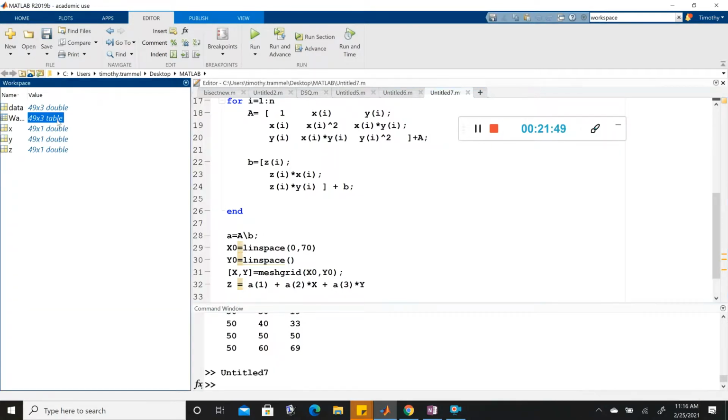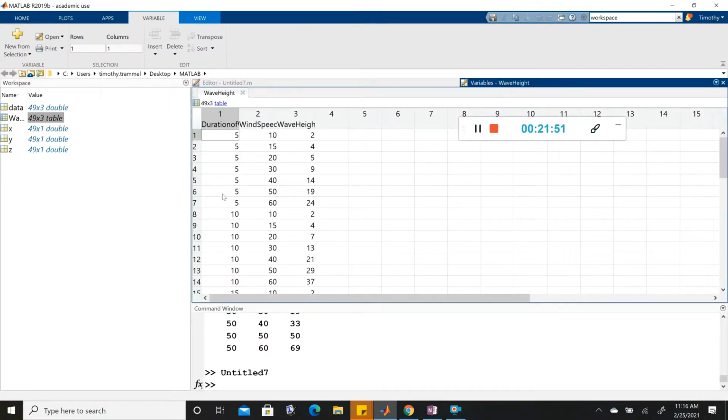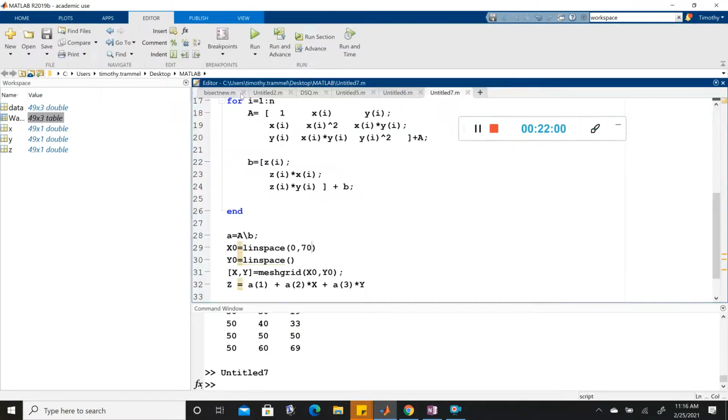Let's go in here into the table. So our x's here, you can see they go from 5 to 50. So in our linspace here, let's actually go 0 to 60. And this is just a plane, so it's not going to require a lot of points in order to plot this. Let's just say 10.